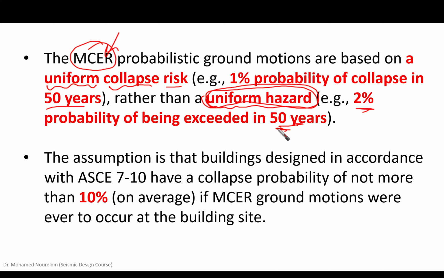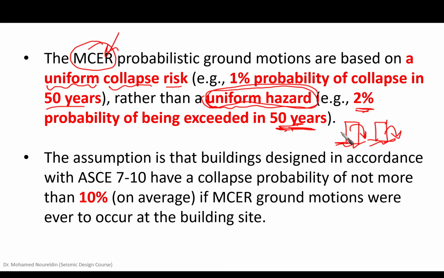But there is something not taken into consideration here, which is the inherent safety factor inside the building. We do not know the capacity of the structure itself. So maybe we use a uniform hazard, but the buildings differ in their safety factors, so the collapse probability for each building will be different. This is the rationale here.